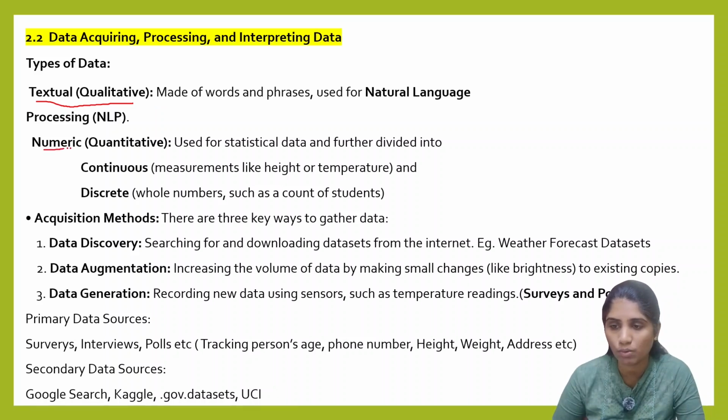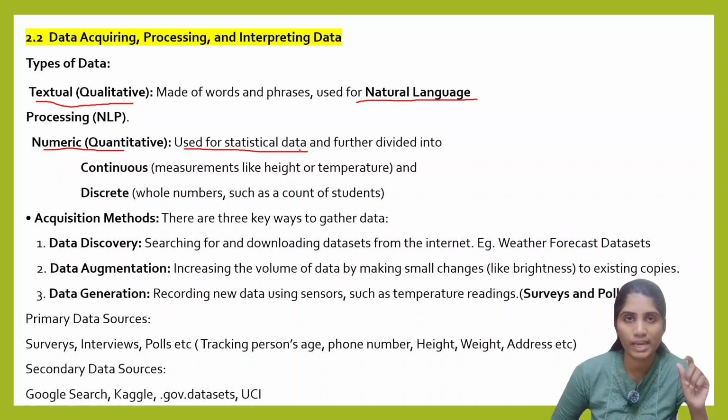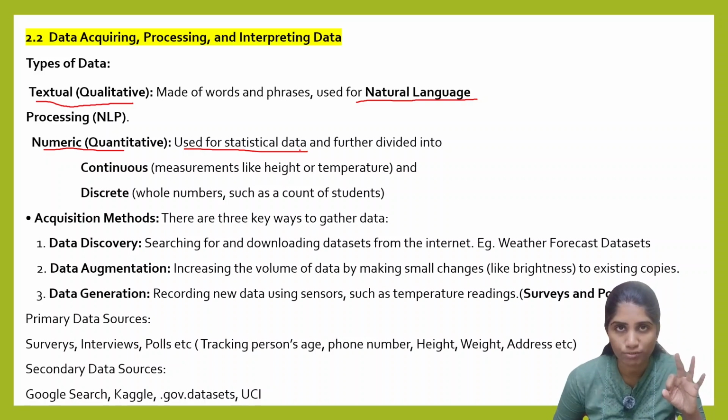The second one is numerical, that is quantitative data, used for statistical purposes. As I told, this is used for natural language and this is used for statistical. If you remember, in the previous video we were discussing the domains of AI. There are three types of domain: computer vision, statistical data, and natural language processing.